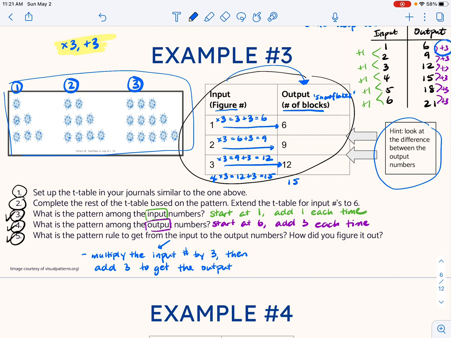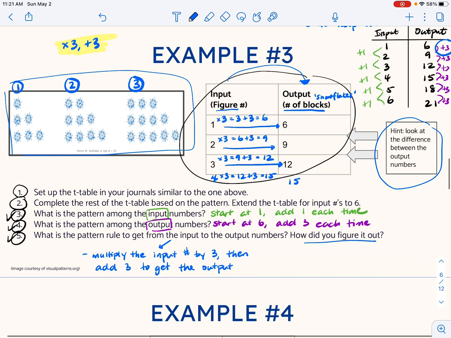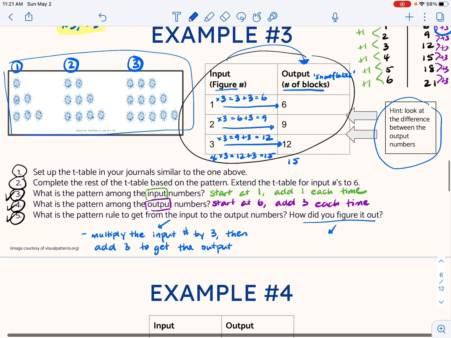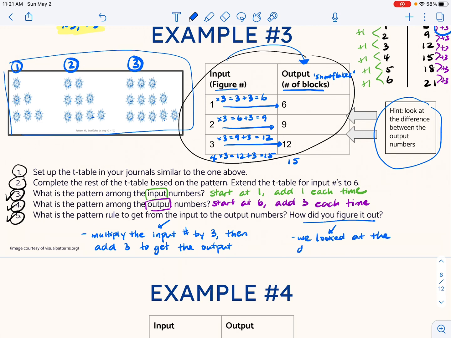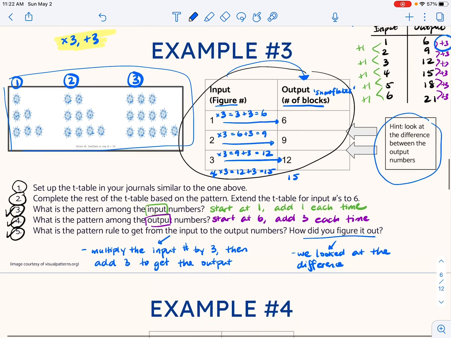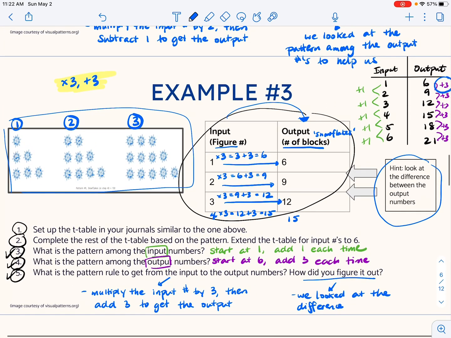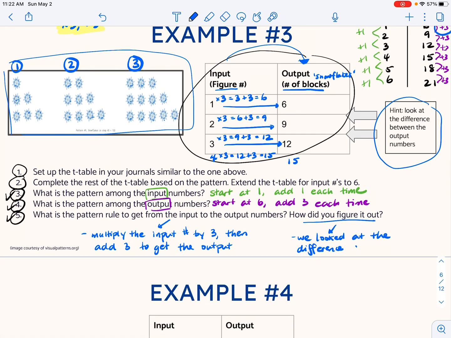Okay, how did you figure it out? Again, we looked at the difference among the output numbers to help us.